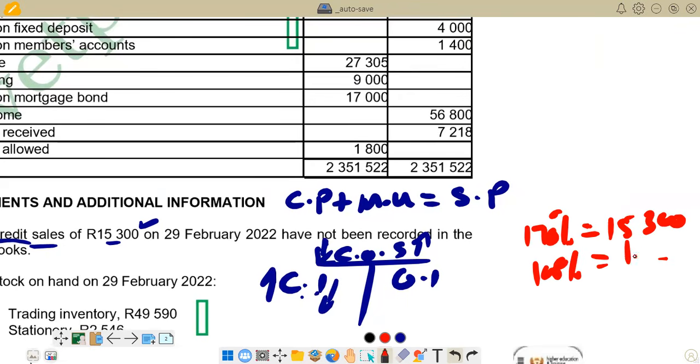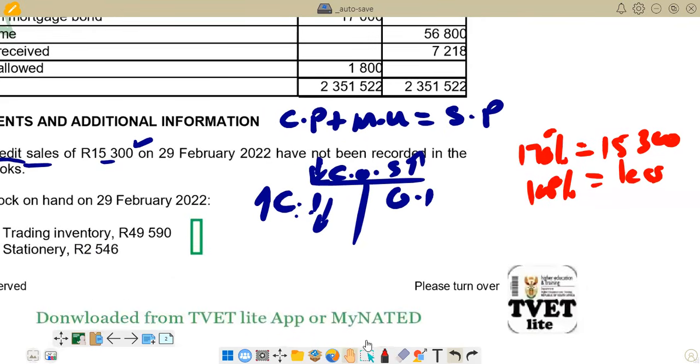So obviously we are going to get a lesser figure here. Remember, you're going to make a fraction there. We want a smaller figure, so we put 100 on top. What we don't have, we put as a numerator, and what we have, we put as a denominator. Then we calculate with the given amount, which is 15,300.